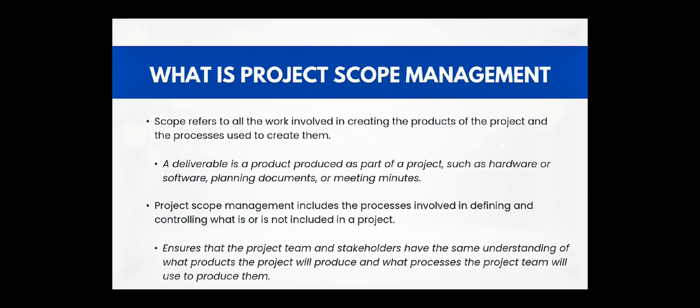Project scope management includes the processes involved in defining and controlling what is or is not included in a project. It is a defined process for completing a temporary project.